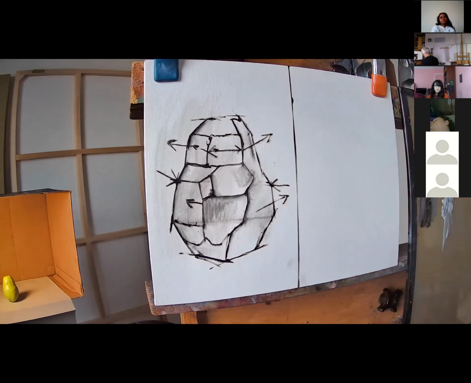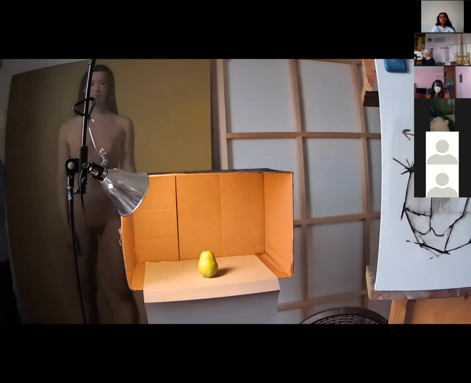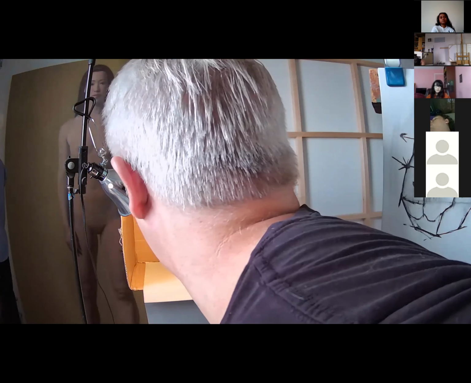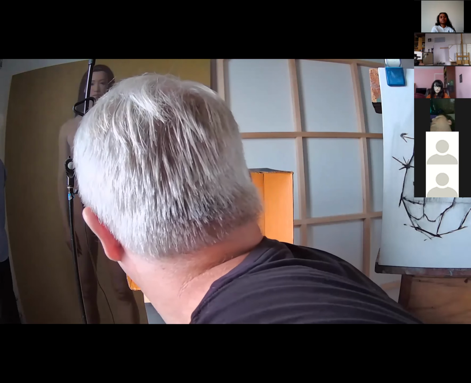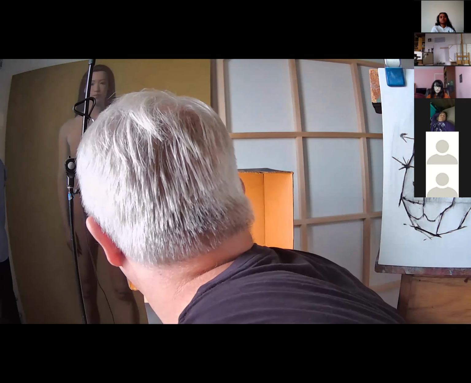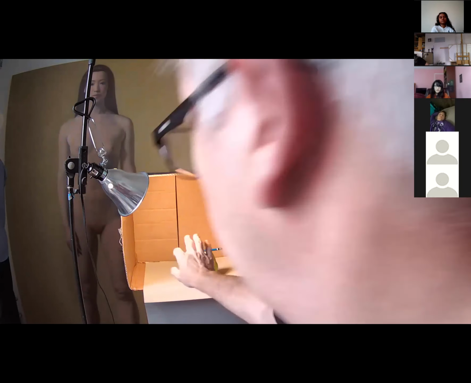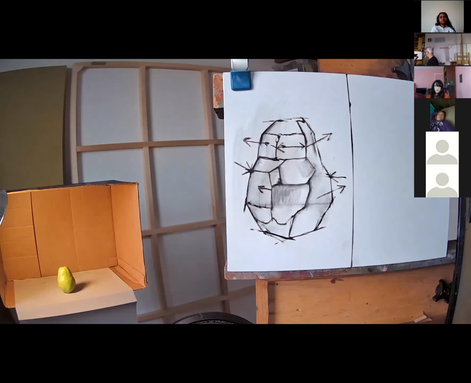And one thing I want to point out, a really important thing actually about painting fruit, is if we look at that pear, really painting any organic object, we can put a pencil on top of that pear, and the pencil will stay there, just as if that pear is a table, right? The pencil will stay on top of that pear. So that pear has a top plane. It has a relatively flat top plane.